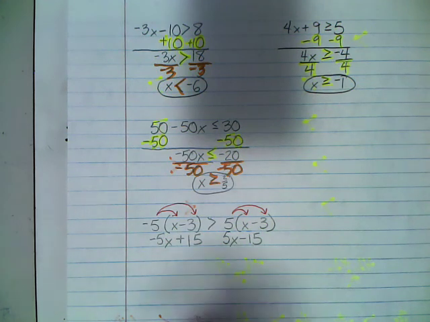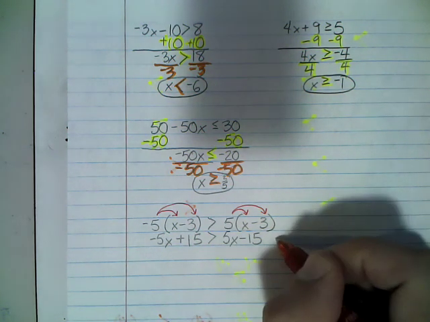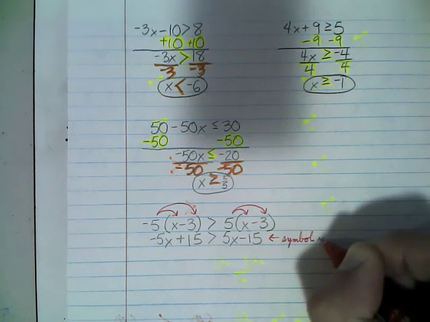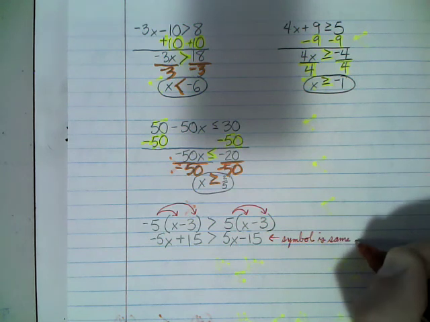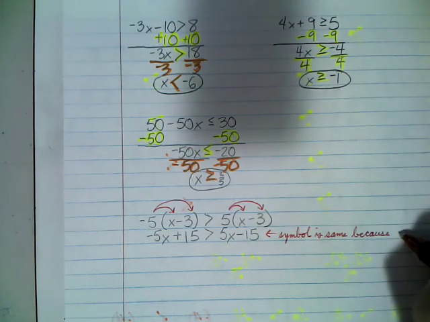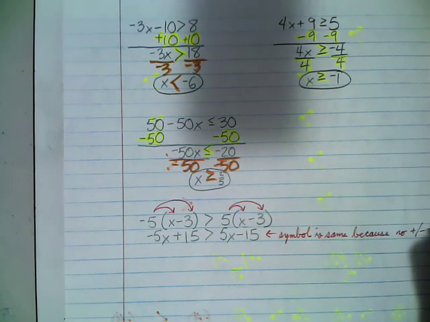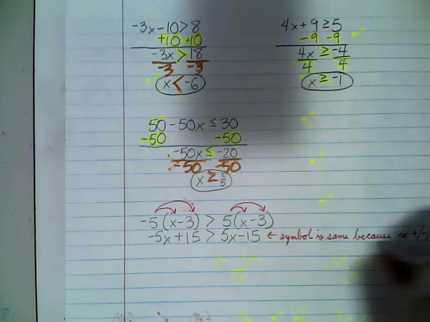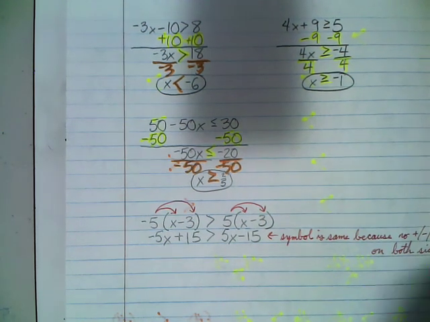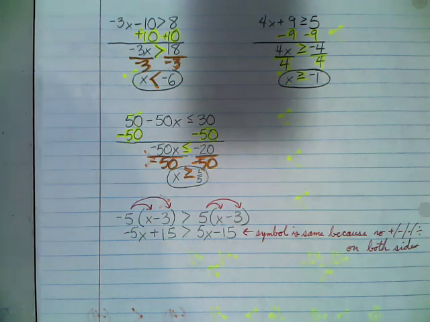So it has no effect on the outcome. The symbol is the same because we didn't add, subtract, multiply, or divide on both sides.